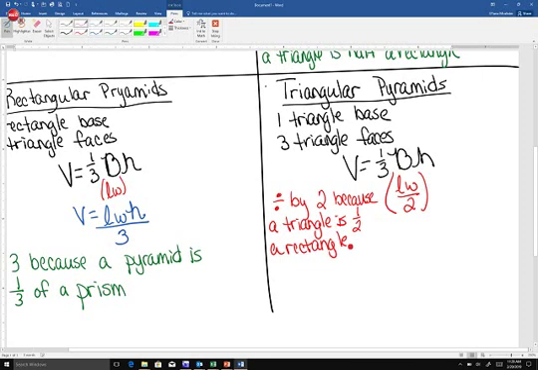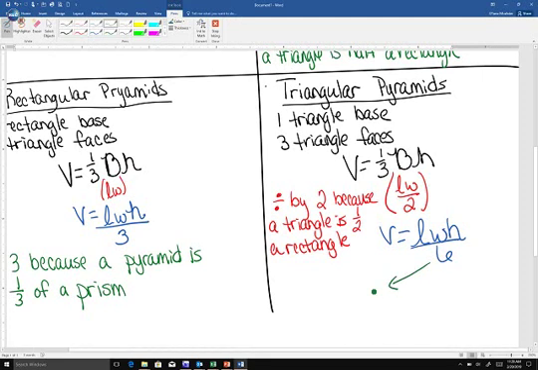So we divide by 2 because a triangle is half of a rectangle and the base is a triangle. But the formula that we use is volume equals length times width times height divided by 6.